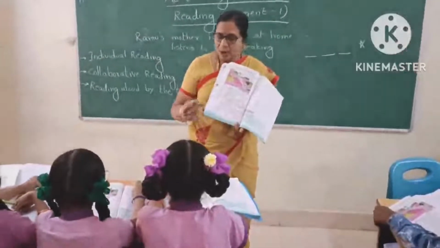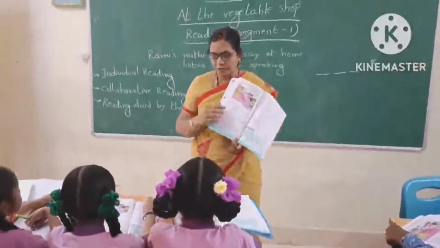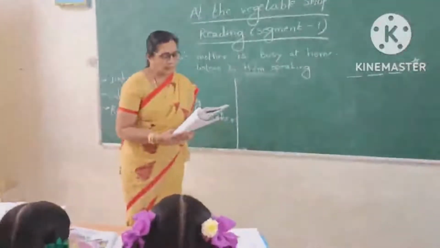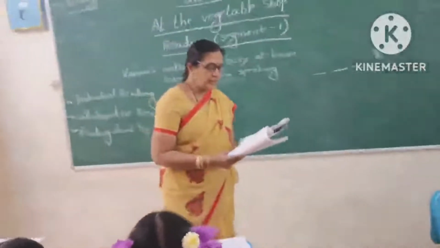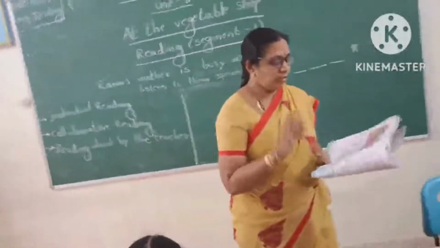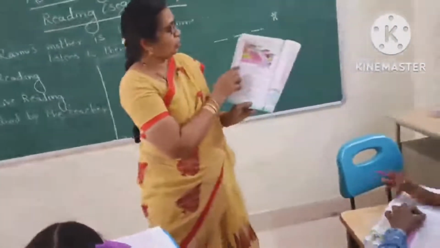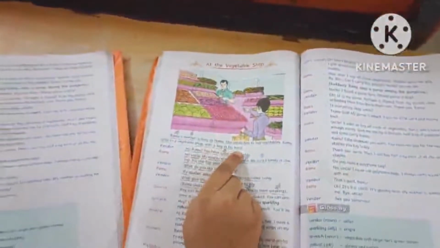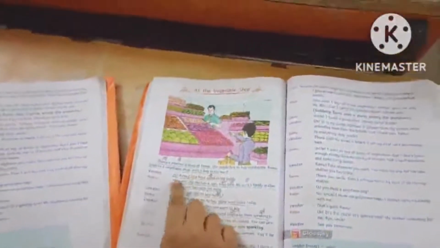Now see. Ramu's mother is busy at home. She sends him to buy vegetables. Ramu goes to a vegetable shop with a bag in his hand. Vendor: Hey Ramu, you have come alone today? Ramu: Hey uncle, my mother is very busy now. My aunt's family is coming.